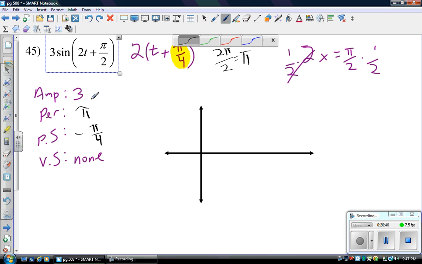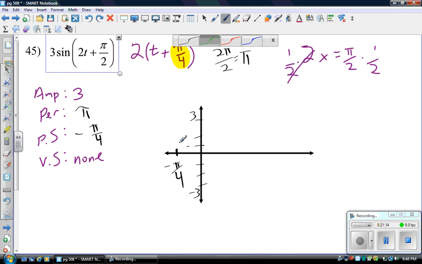Okay, so let's account for everything. We've got amp of 3, but with no vertical shift. So that just means go 1, 2, 3, 1, 2, 3. I know it's going to peak and valley at those. Phase shift is negative pi over 4, so I'll just call that negative pi over 4. Now, from that starting point, the full cycle is going to take pi, but it's starting at negative pi over 4.